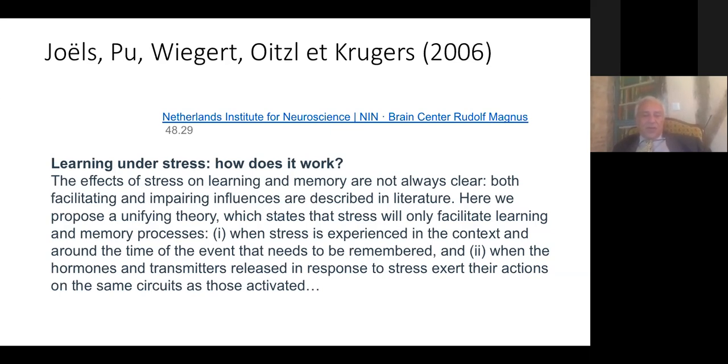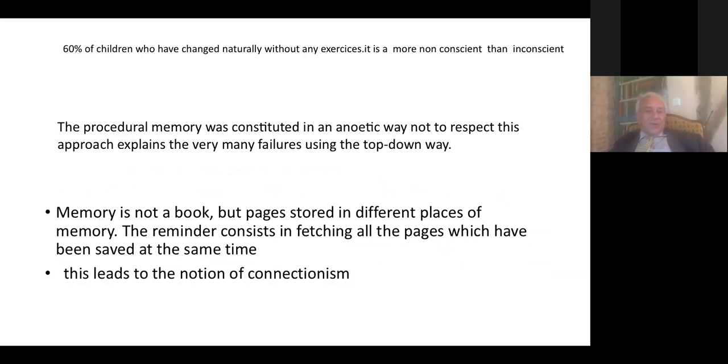The stress must be experienced near the context and around the time of the events that need to be remembered, and the hormones and transmitters released in response to stress must exert their action on the same circuits that are activated.